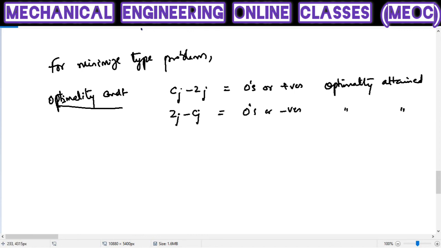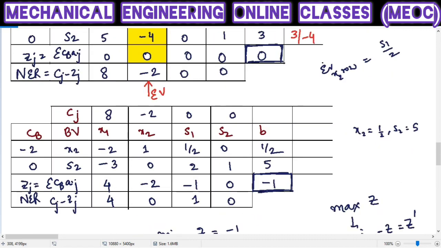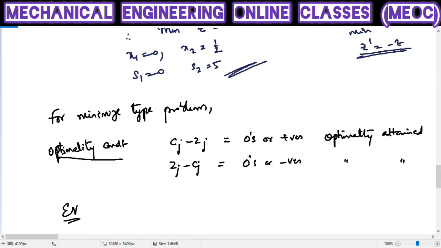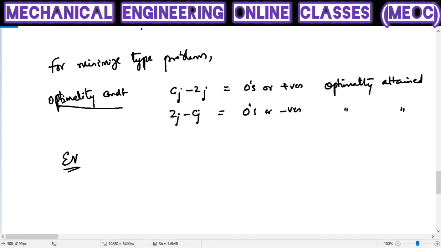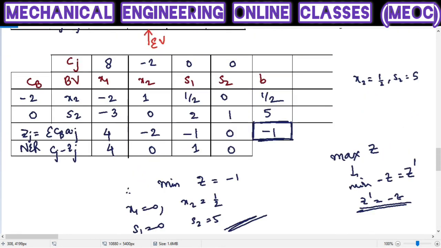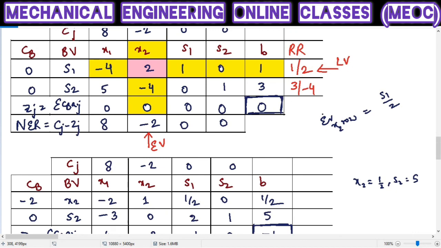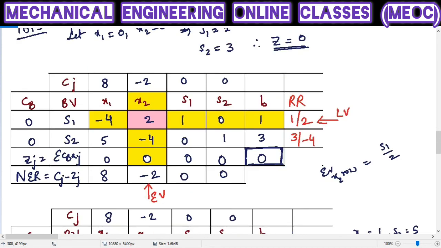Now for a minimization type of problem, how do we check the entering variable condition? In case we are using the Cj minus Zj concept, what was the entering variable for a min type? If our net evaluation row is Cj minus Zj, then the variable corresponding to the most negative value of Cj minus Zj is considered to be the entering variable, right?